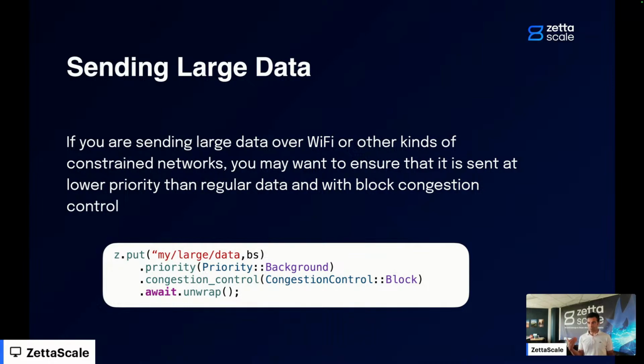So that's the kind of downsampling that you want. But if you cannot afford to do any downsampling, then what you should do is accept to send this data as background. So if you're sending large data, one approach is to write it with priority background, so it doesn't stop anything else, and you use congestion control block.